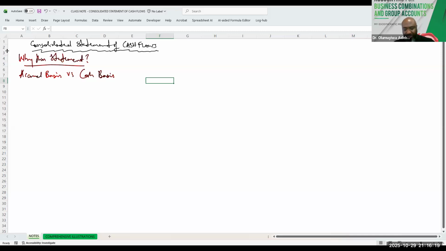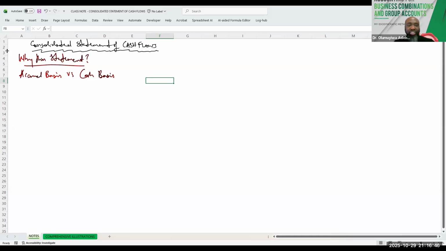Okay, there are 5 components of financial statements, namely the statement of financial position, the statement of financial performance or statement of profit or loss, the statement of changes in equity, the statement of cash flow, and the notes to financial statement. Of all these 5 components, 4 of them represent statements.